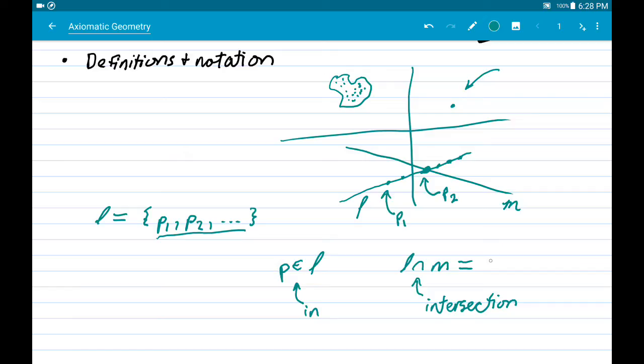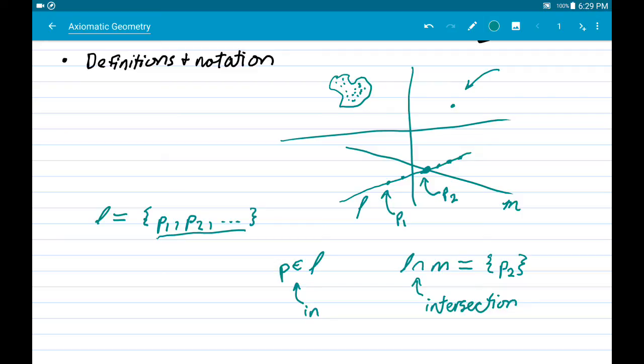In fact, we tend to still call the intersection a set, because it's just nicer and works out better for general purposes if we say that the intersection of two sets is a set. So here we would say that the intersection of L and M is equal to the set of P2.